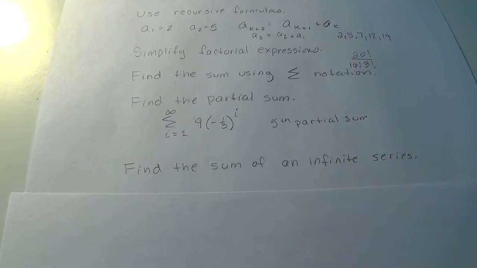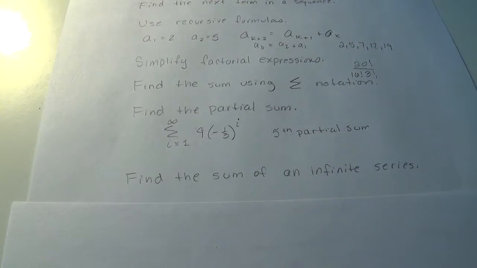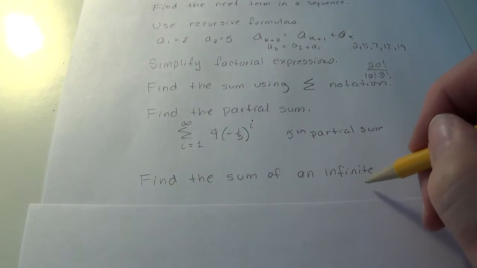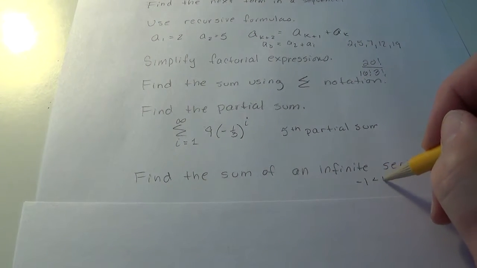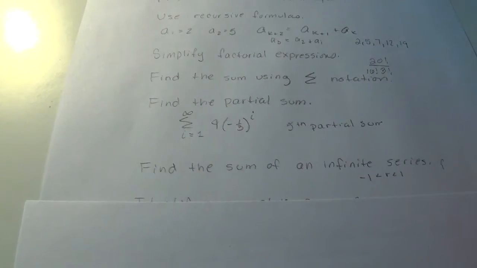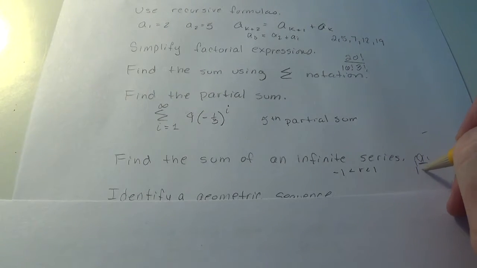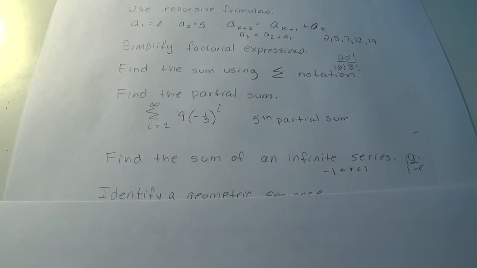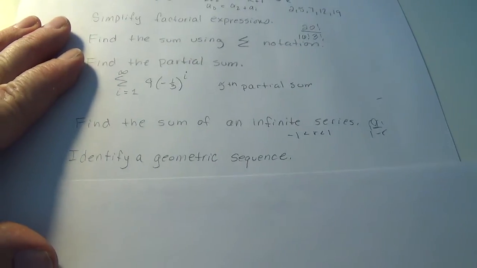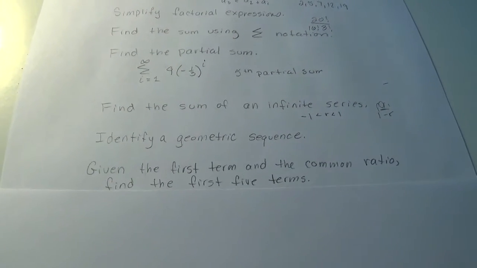And then we learned how to find the sum of an infinite series. Sometimes it was not possible. The common ratio r had to be between -1 and 1. And then we used the formula a sub 1 over 1 minus r. We had to identify a geometric sequence. Look at a sequence. Is it geometric? I could ask, is it arithmetic as well?